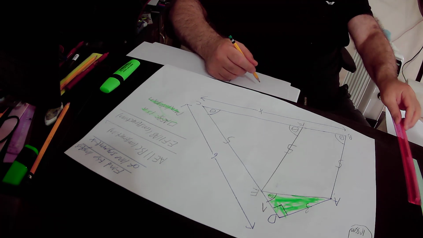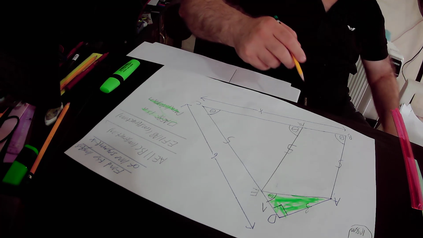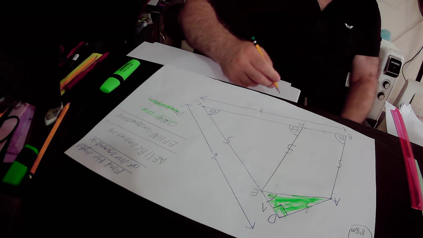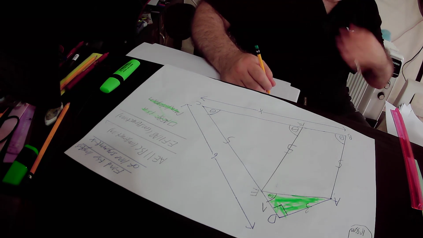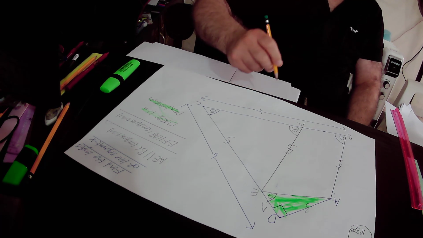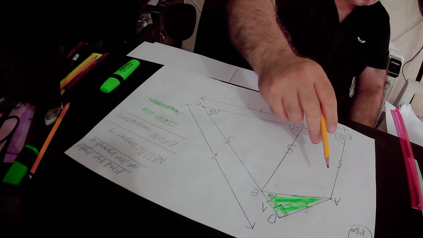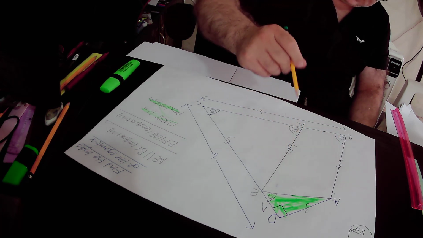The square of the hypotenuse is AE squared, and it must be equal to AD squared plus DE squared.